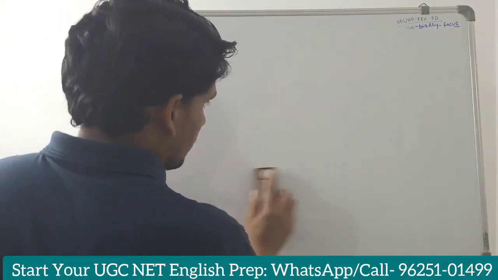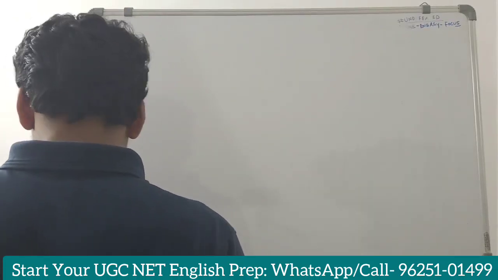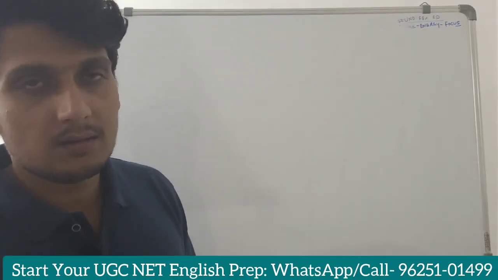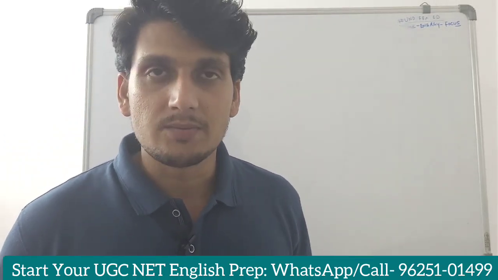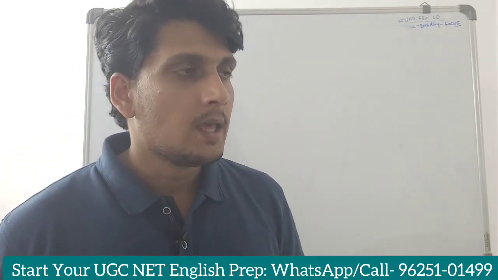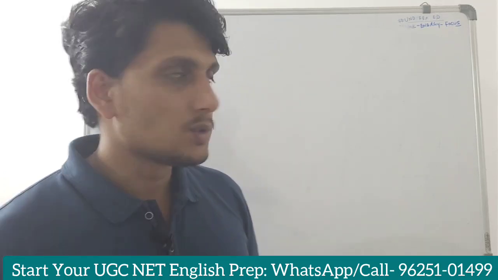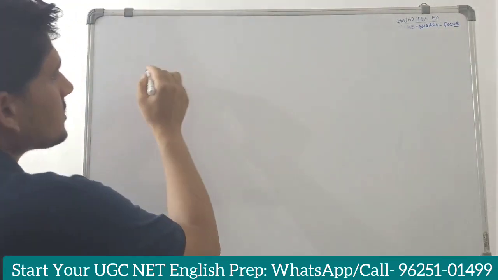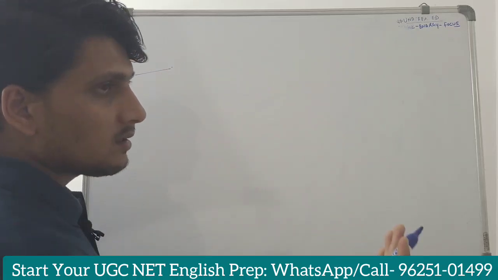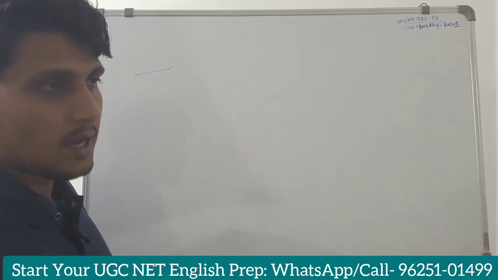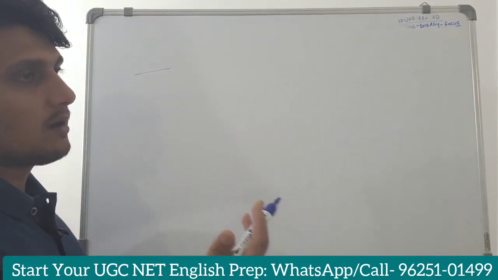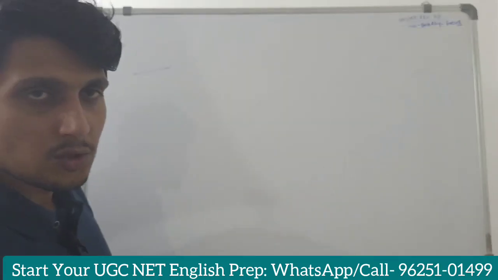Now, after this, I want to tell you something. We have multiple writers or theorists related to structuralism that we will be covering one by one. But here I want to give you some of the ideas. Structuralism we have seen in relation to linguistics, where we have discussed Ferdinand de Saussure.